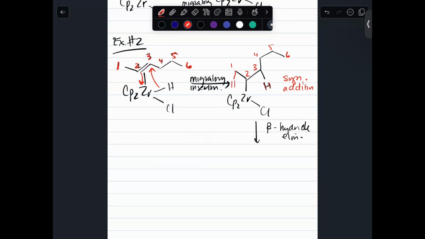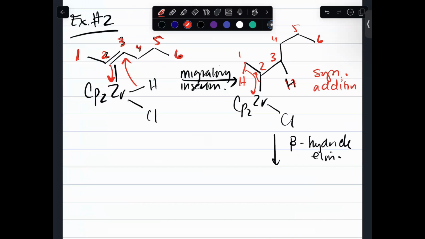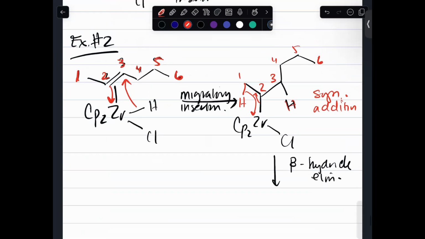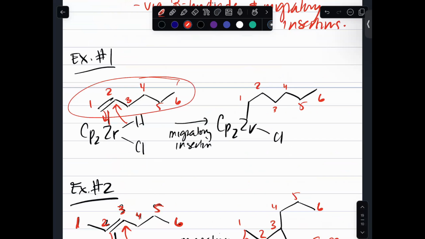There's a beta hydrogen on the other side, and you can do your beta hydride elimination with that hydrogen. And once you do your beta hydride elimination, your double bond is between carbon 1 and 2, which is exactly where it's at with the first starting material.